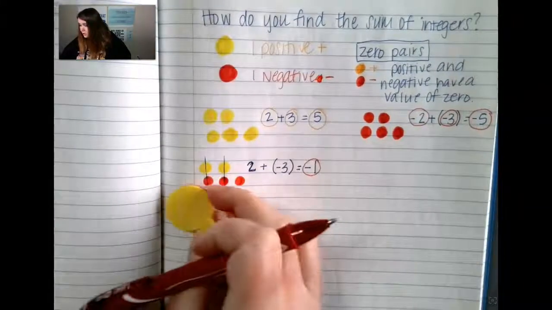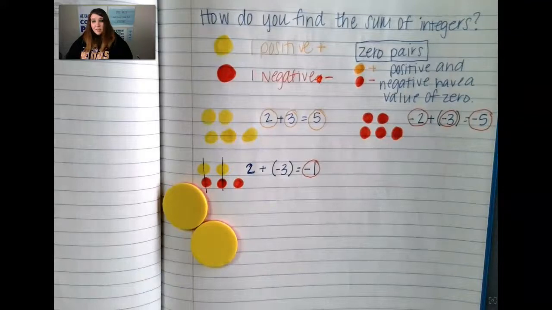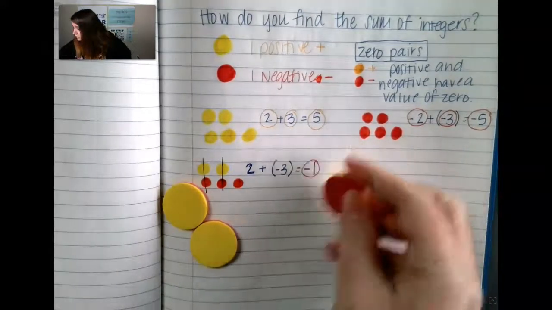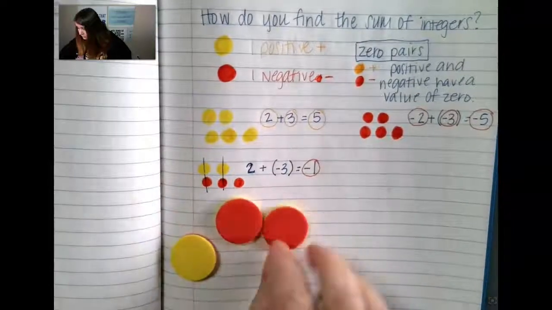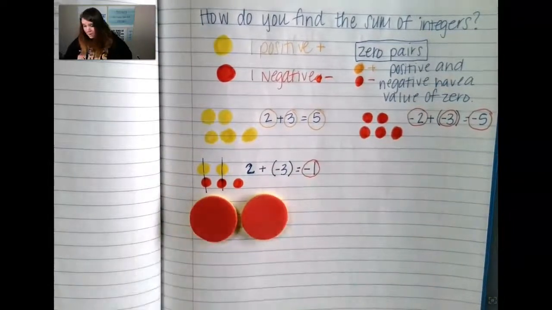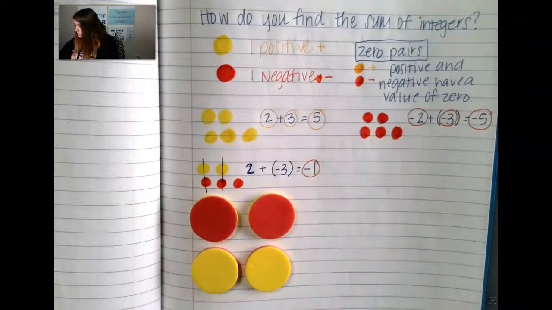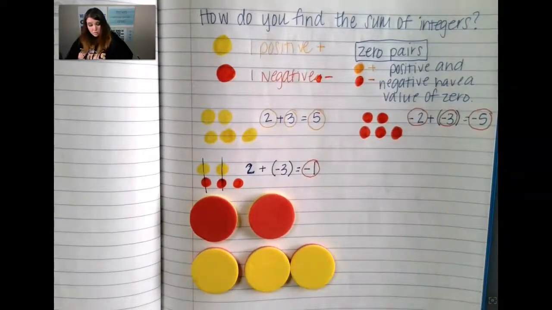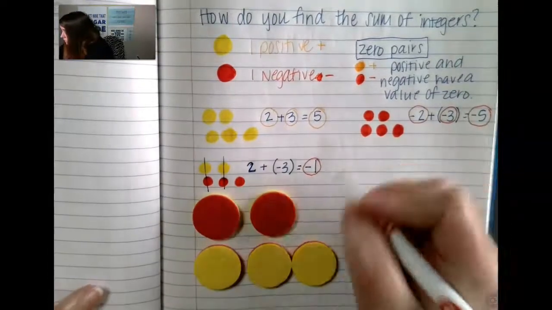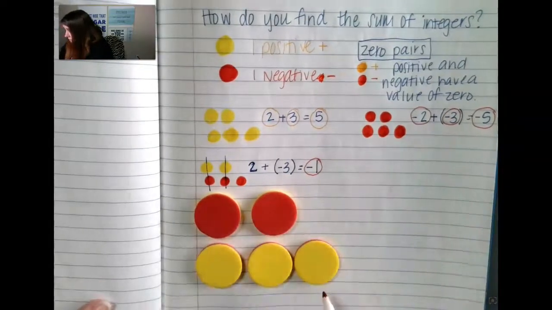So let's clean up these chips. Okay, let's say then that I have -2, and I add on 3 positives. So I have -2, I add on 3 positives.